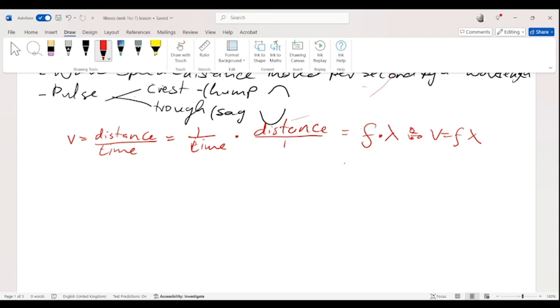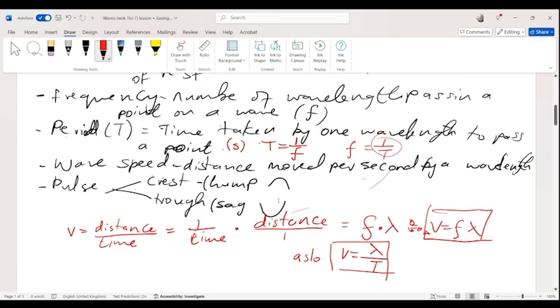And also v can also be given by lambda over t, since this is the inverse. Okay. These are the important formulas that you need to know. Okay, the other one is this one. You must know these formulas. Okay.